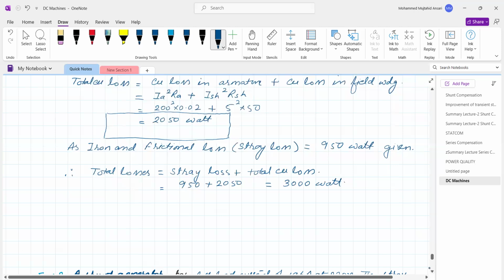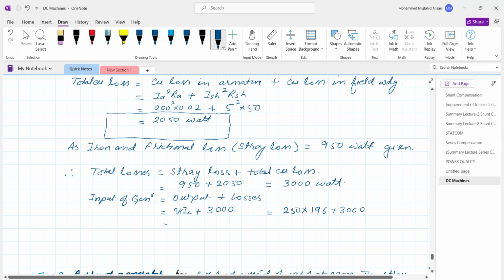So what is the input of the generator? Input of generator is equal to output plus losses. So what is the output? Output is it is delivering 196 ampere and 250 volts. So Vt into IL plus 3000 watt, which is equal to 250 multiplied by 196 plus 3000 watt.